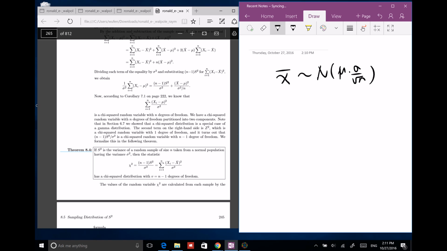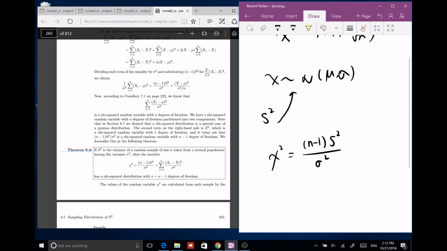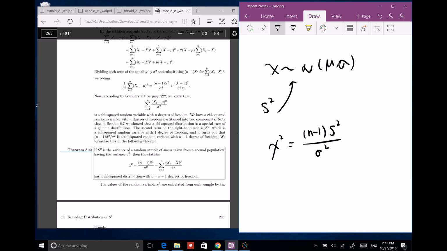Theorem 8.4: if s squared is the variance of a random sample of size n taken from a normal distribution, so x is normal with mu and sigma, and s squared is taken from this sample, and the population has variance sigma squared, then the statistic chi-square equals (n minus 1) s squared over sigma squared, which has a chi-square distribution with v equals n minus 1 degrees of freedom.